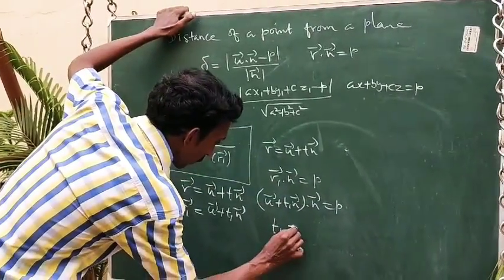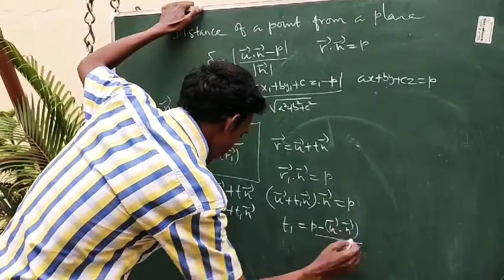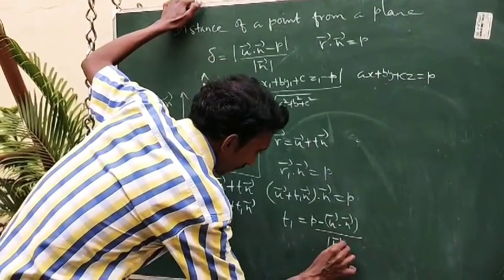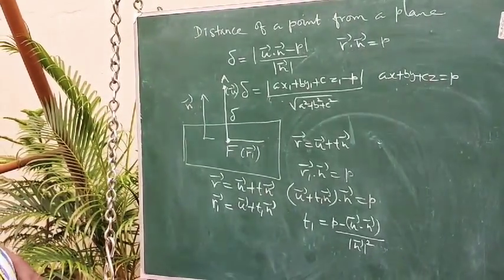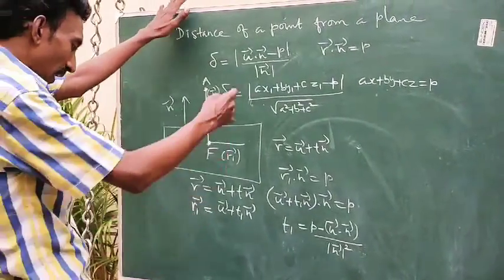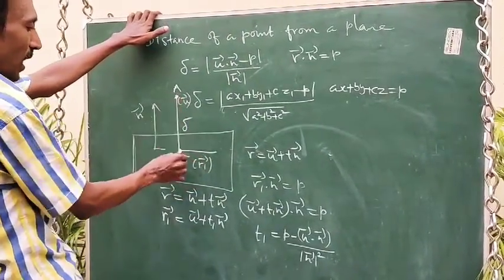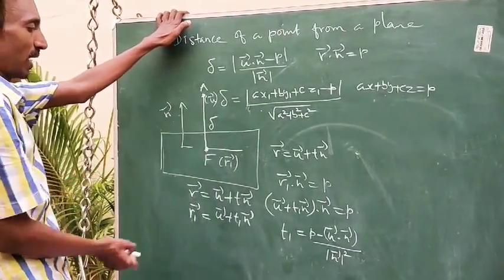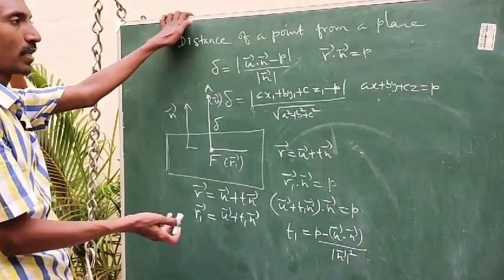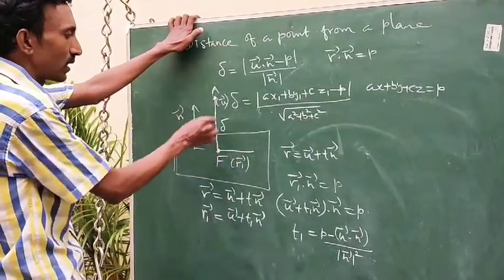We are getting t1 equals (p minus u dot n) by modulus of n vector square. Once again replace the value and simplify. And once again, our aim is to find FA. FA is OA minus OF.